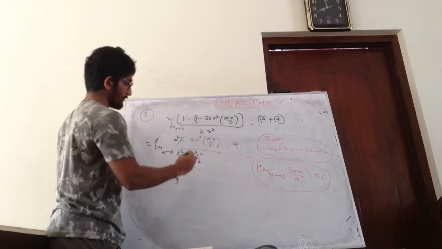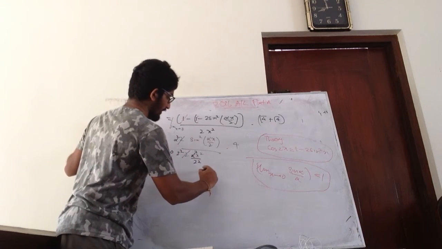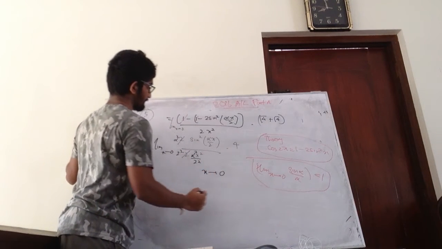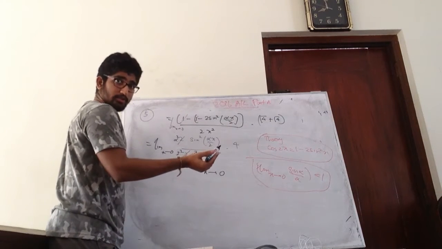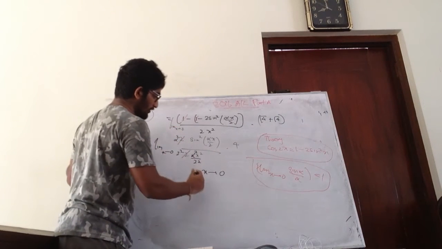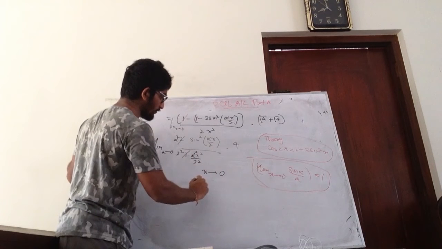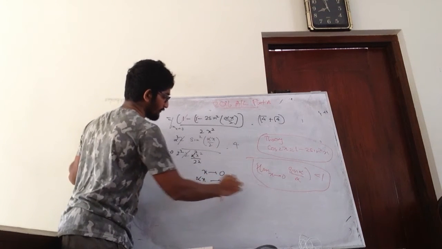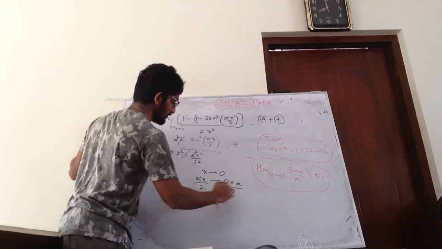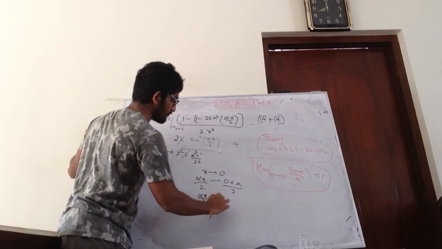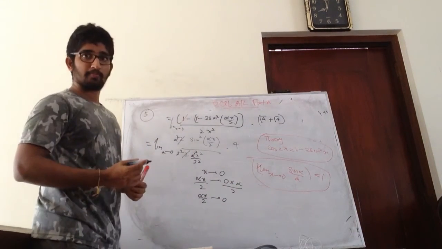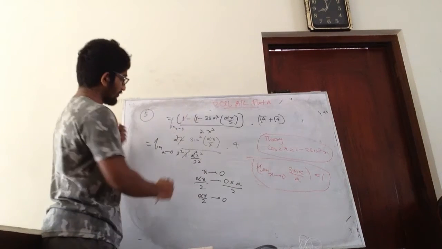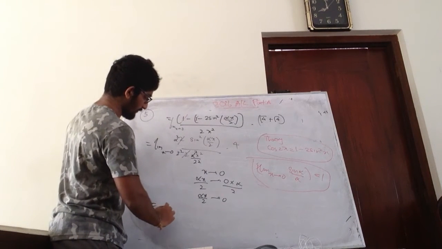Now when x goes to 0, that is the limit that we have. So there is alpha x over 2. 0 times alpha, divided by 2, so alpha x over 2 also goes to 0. Correct? So now I can put the limit here.